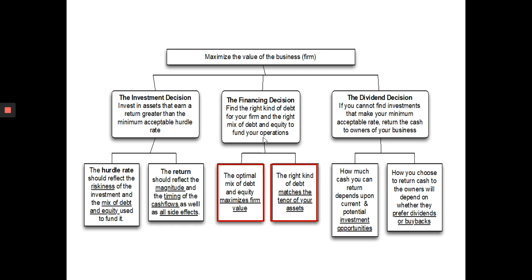So what is the percentage of debt and what is the percentage of equity? That is what we call capital structure. If a company is funded by 50% equity, 50% debt, that is the capital structure of the company. If it's 70% equity, 30% debt, that is its capital structure. That is what you're going to learn in today's topic.